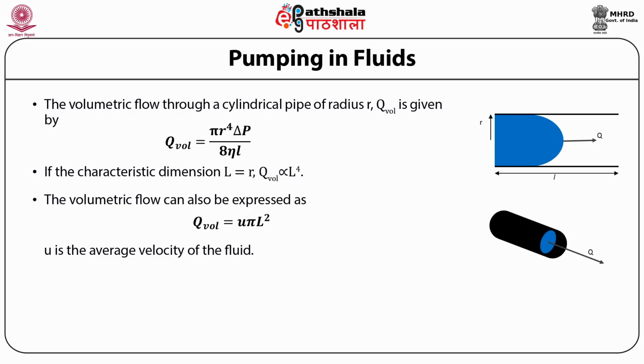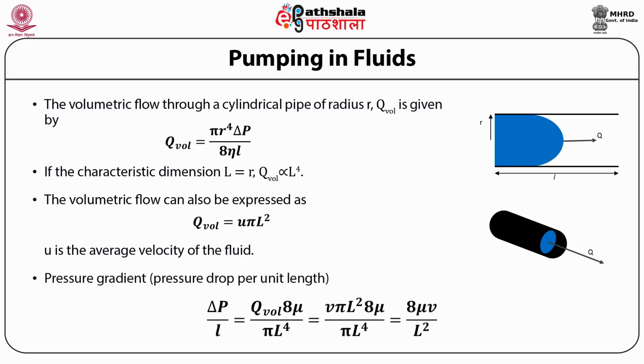So now the pressure gradient, meaning the pressure drop per unit length, that is delta P by L, is equal to Q volume multiplied by 8 mu divided by pi multiplied by L to the power 4. So this has been done by placing the value of Q volume into the first equation.